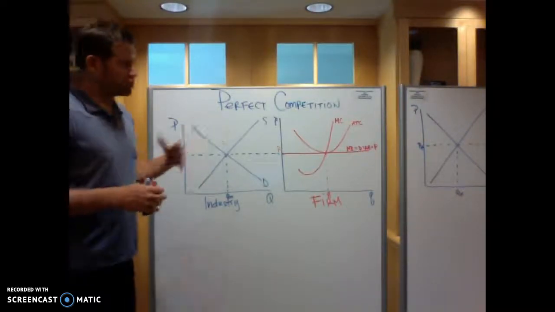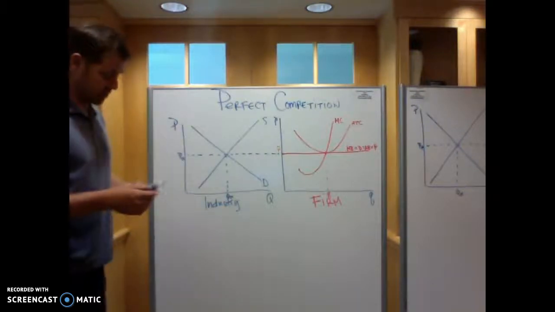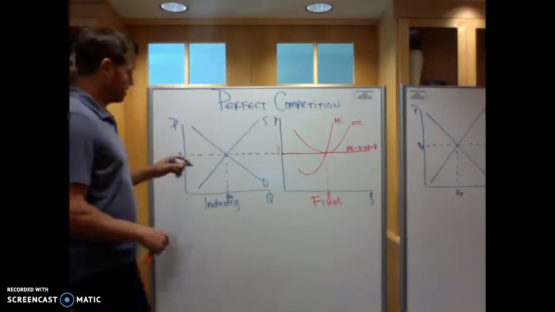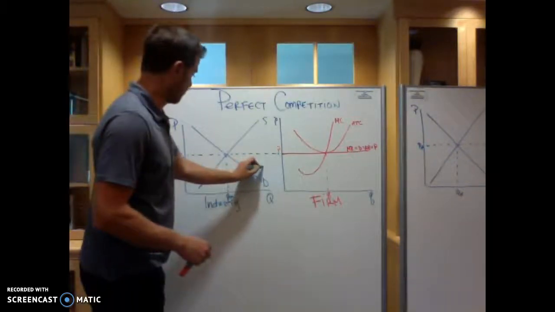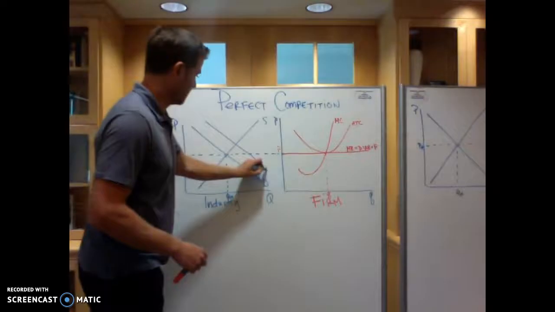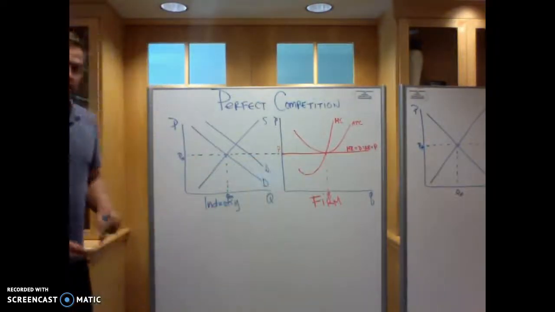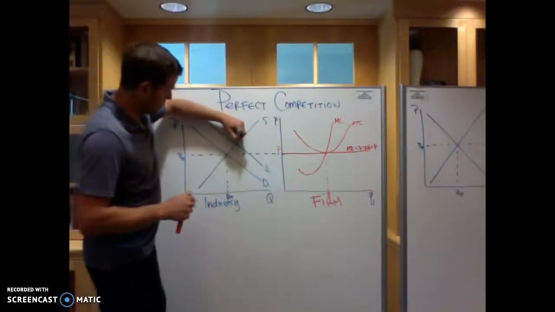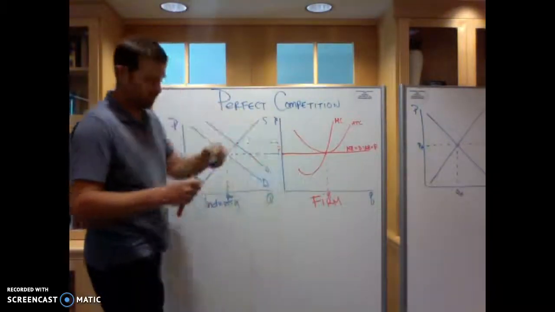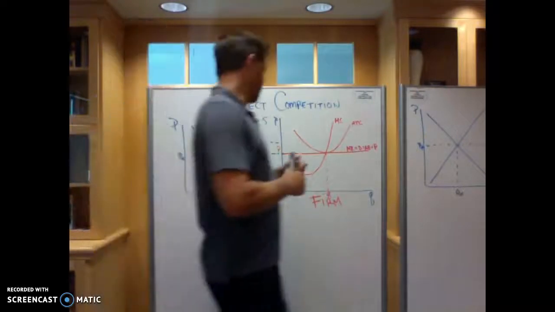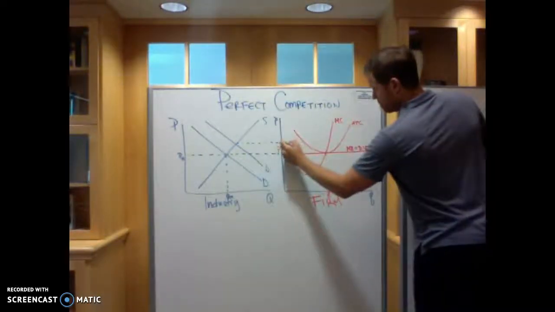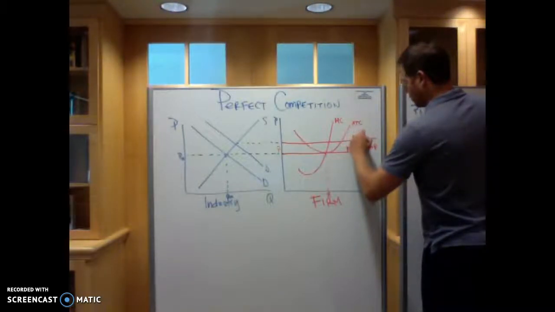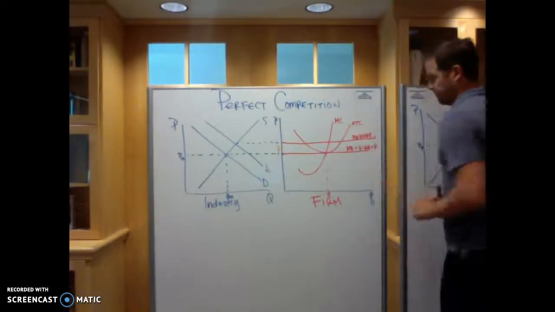So let's manipulate this a little bit. So let's say, for example, that the demand for corn or the demand for soybeans increases. Okay? So what happens is this gives us a new market price. And these firms get a new Mr. Darp curve, which we'll call Mr. Darp 1.